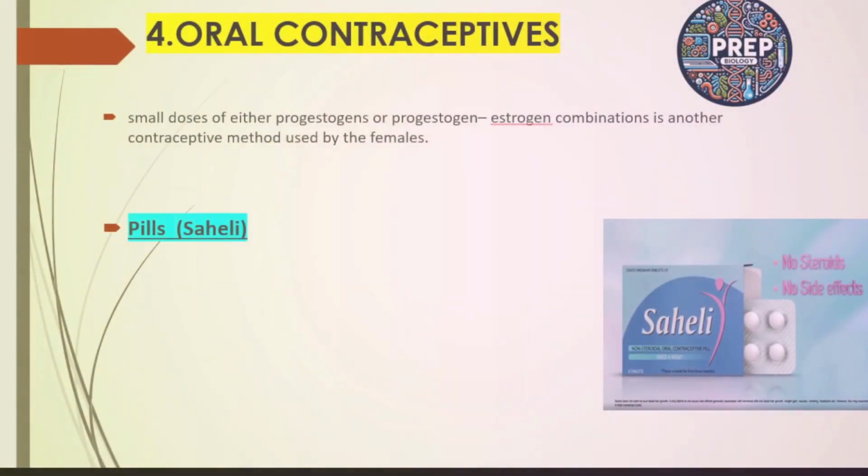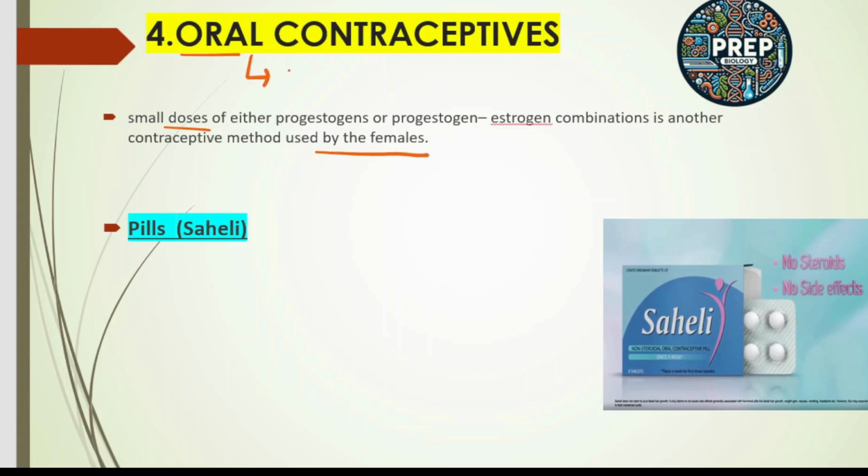The next, fourth method of contraception is oral contraception. Oral means through the mouth. These are small doses of either progestogens or a progestogen-estrogen combination, another contraceptive method used by females.